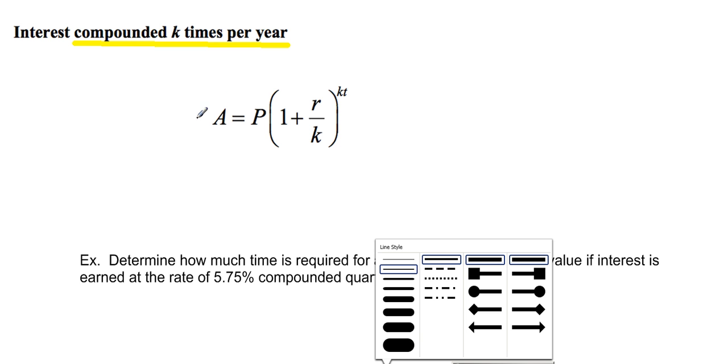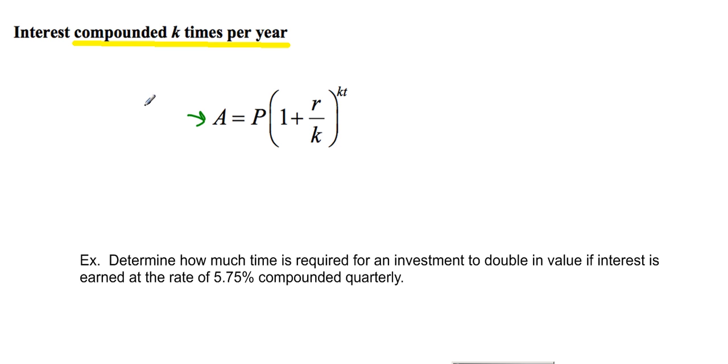Alright, so our A value, that's our final amount. Our P value, we just said, is our principal. Our lowercase r, that's our rate, and that's as a decimal.